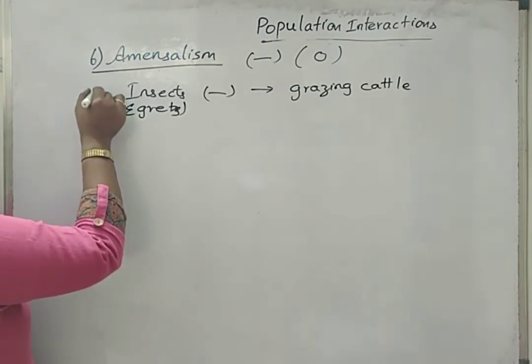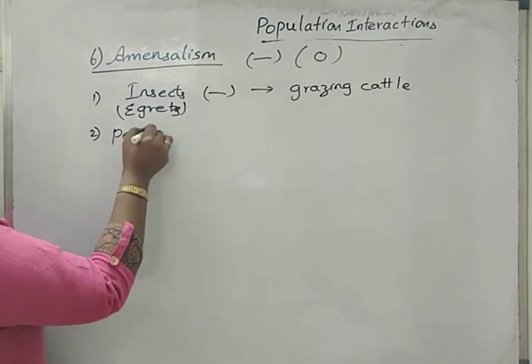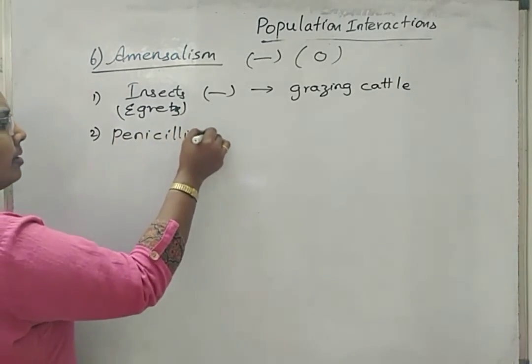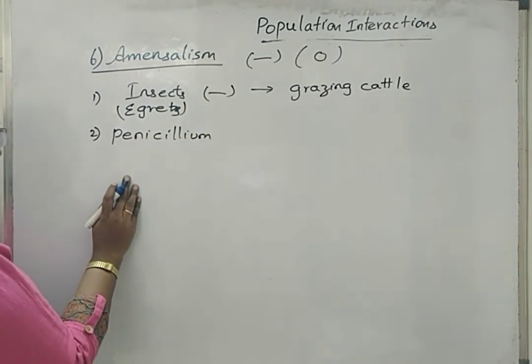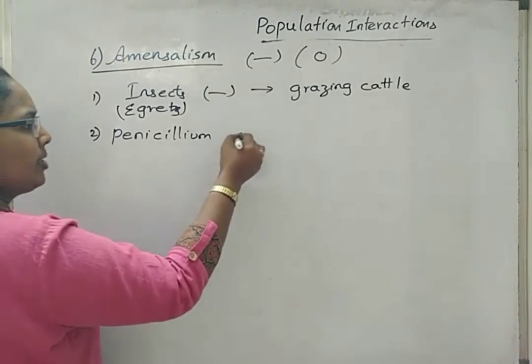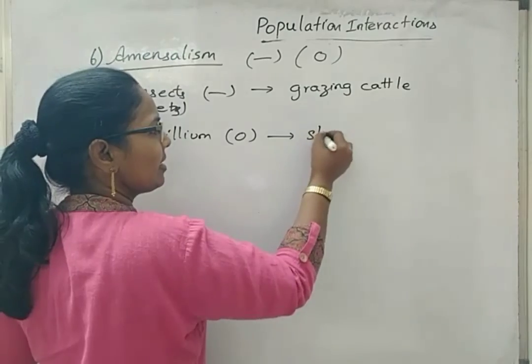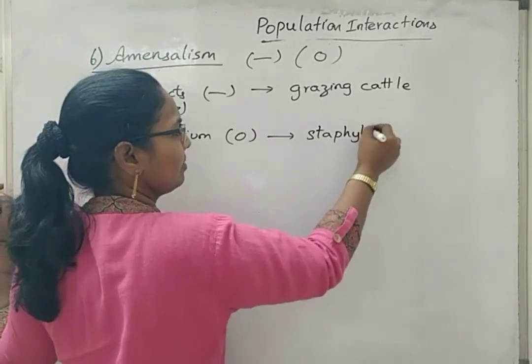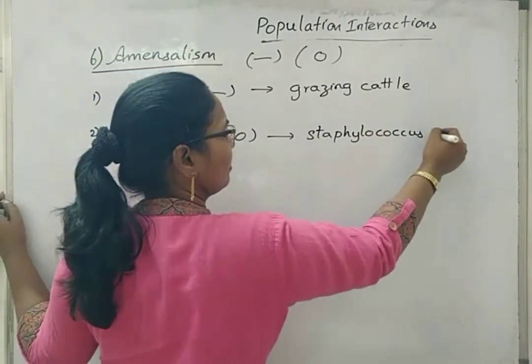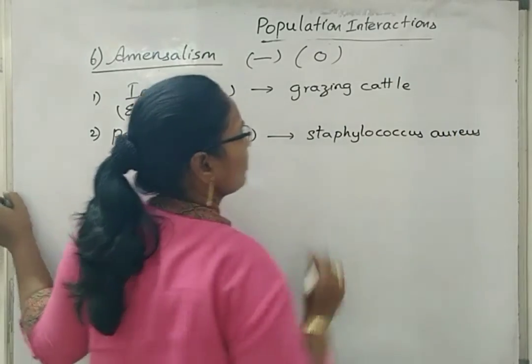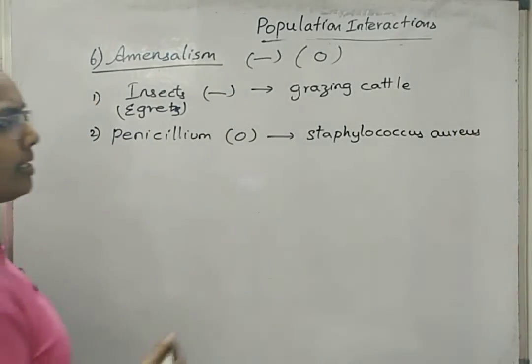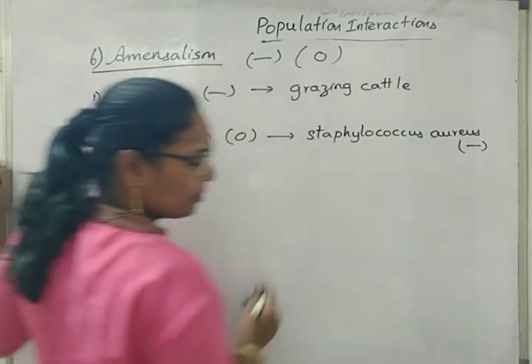Another example is Penicillium. It's a type of fungus which gives the penicillin antibiotic. It is not having any harm, but it is killing Staphylococcus aureus. Staphylococcus aureus, which is getting harmed.